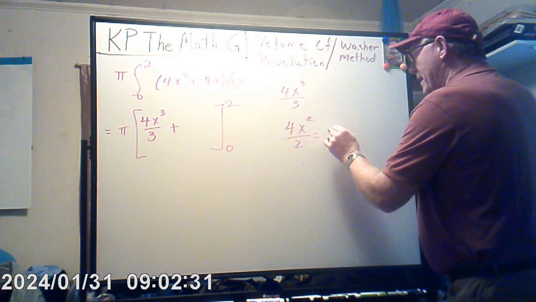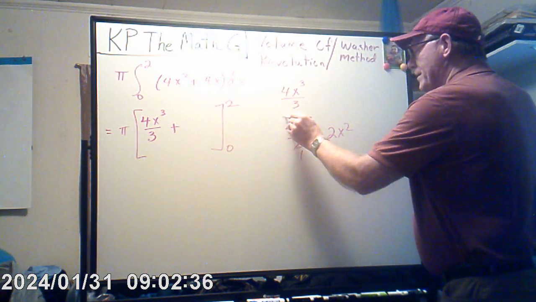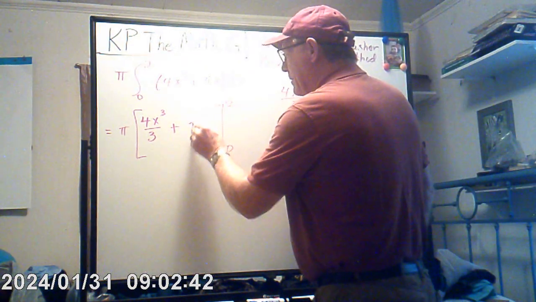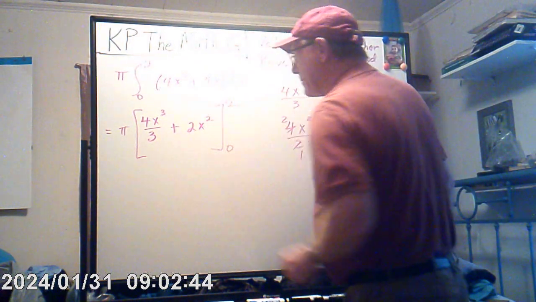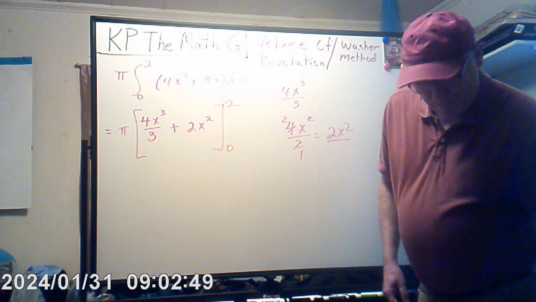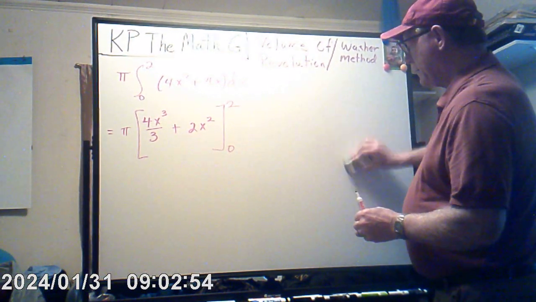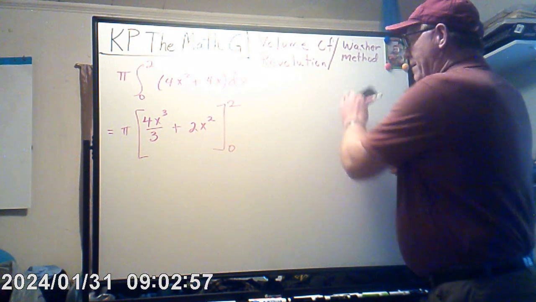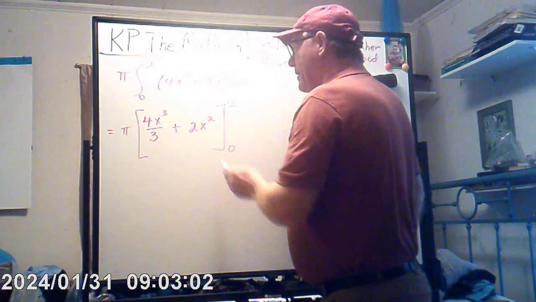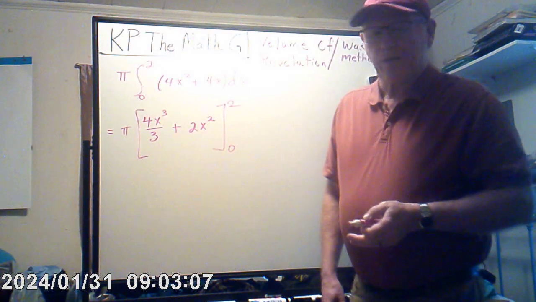So that's just 2x squared. 2 goes into 1 one time, 2 goes into 4 two times, so I'm left with 2x squared here. Okay, that's good. Let me erase this right here. Just make sure you integrate properly. I believe I have. You add 1 and then put it down here. You add 1, put it down there. And we simplified that, so there we go.